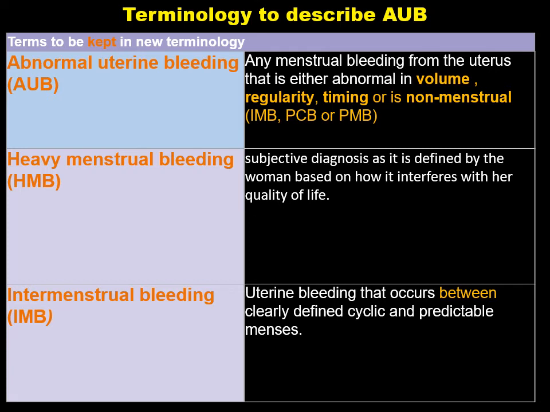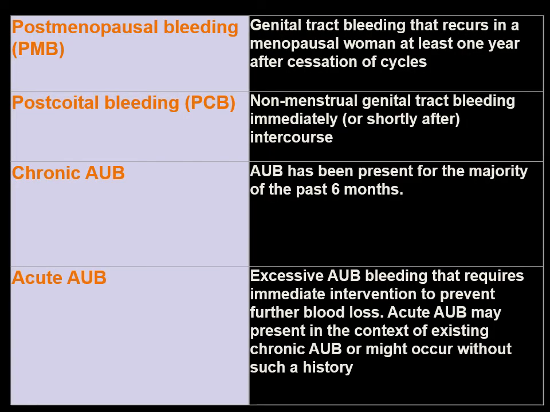Intermenstrual bleeding means the uterine bleeding that occurs between two clearly defined cycles. Whenever you have intermenstrual bleeding, think of a cervical cause, and it could be an endometrial polyp. Postmenopausal bleeding is bleeding that occurs 1 year after menopause. Any bleeding after menopause is called postmenopausal bleeding, and women should seek medical advice.